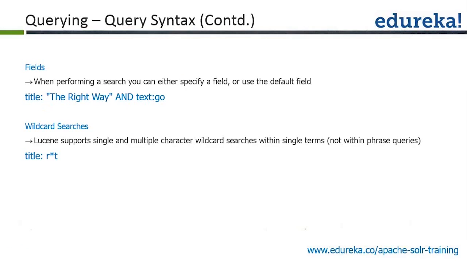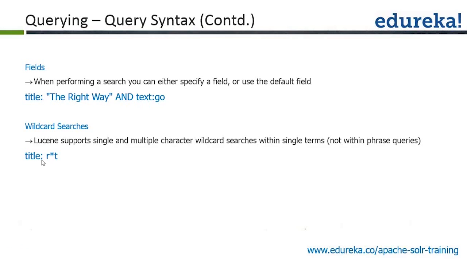The terms are specified without any quotes. If you want to specify phrases, then you have to use double quotes. You can use Boolean operators and provide any number of fields using the Boolean operator.